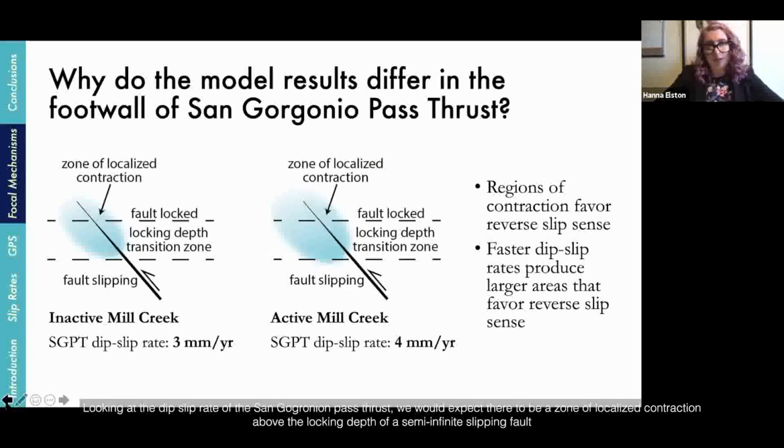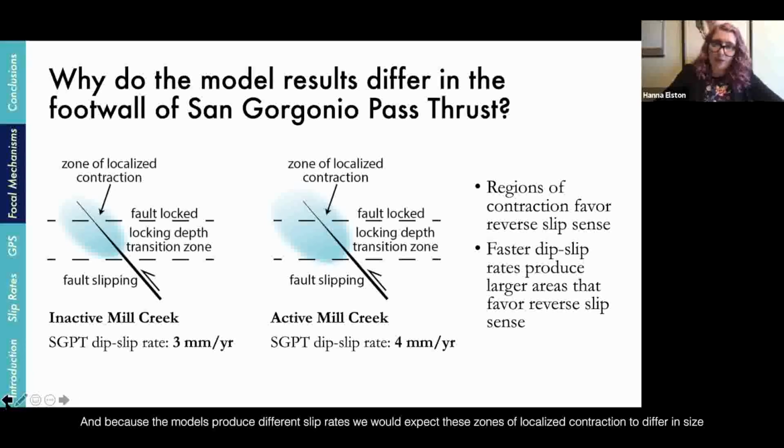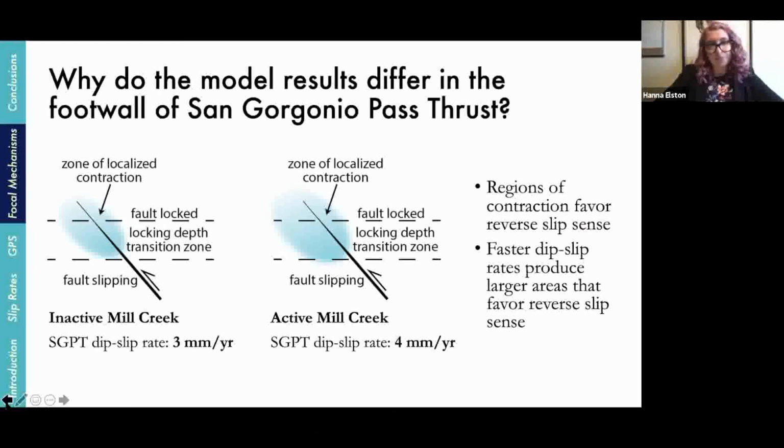Looking at the dip slip rate of the San Gorgonio Pass thrust, we would expect there to be a zone of localized contraction above the locking depth of a semi-infinite slipping fault. Because the models produce different slip rates, we would expect these zones of localized contraction to differ in size.